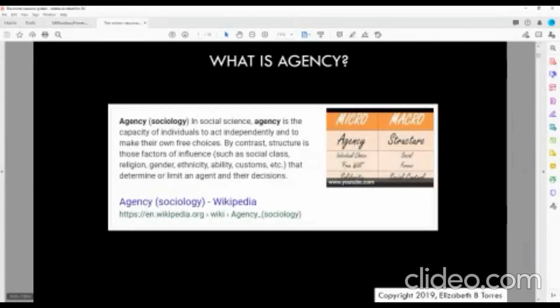The first thing is to define the level of discourse on agency that we're going to focus on. Usually if you Google agency, like on Wikipedia, you see the sociological terms, which are high level: your agency in decision making, your ability to act independently and make your own free choices.